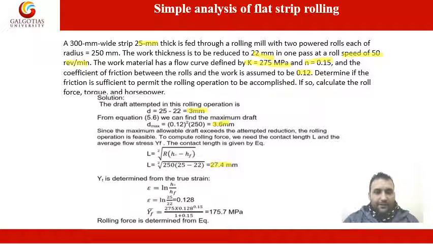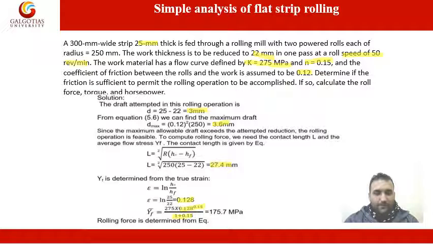The Yf is determined from the true strain, that is epsilon is the natural logarithm of H naught upon Hf, that is the logarithm of 25 divided by 22, which is 0.128. So the Yf value will be 275 into 0.128, that is the epsilon value, raised to power n, 0.15, divided by 1 plus n.